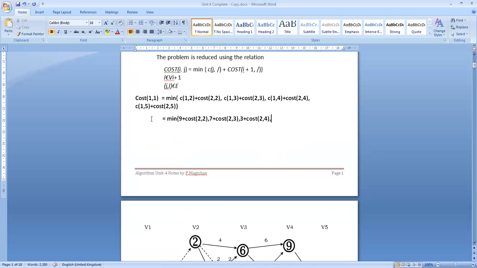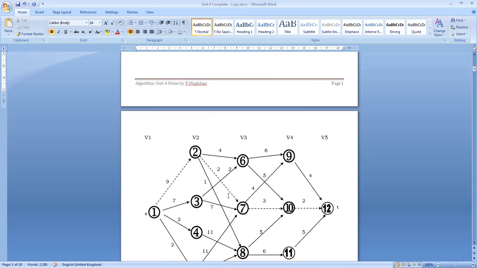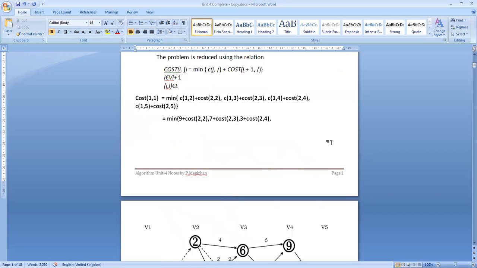Then C of 1 comma 5 is 2. 2 plus cost of 2 comma 5. So I have to find this cost of 2 comma 2.